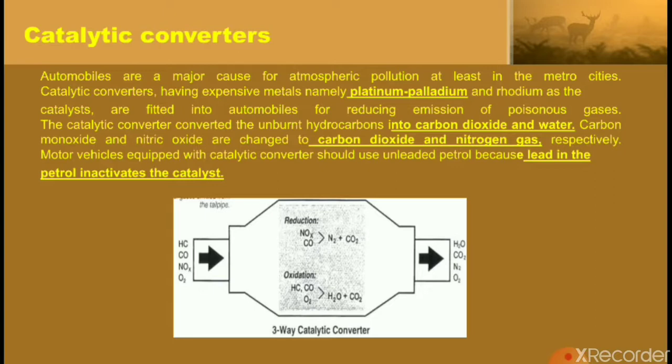The catalytic converter converts unburnt hydrocarbons into carbon dioxide and water. Carbon monoxide and nitric oxides are changed to carbon dioxide and nitrogen gas, respectively. Motor vehicles equipped with a catalytic converter should use unleaded petrol because lead in the petrol inactivates the catalyst.